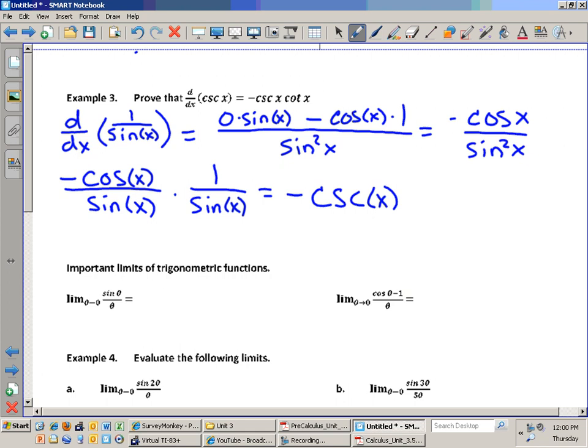So the 1 over sine is cosecant, right? I have a negative, and cosine over sine is cotangent. So what we've done is we've shown that if you take the derivative of that, you do get that. So we just played around with a couple terms.